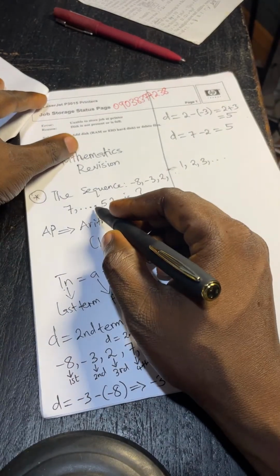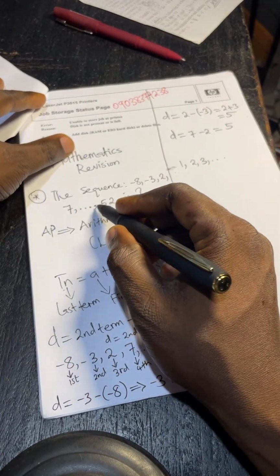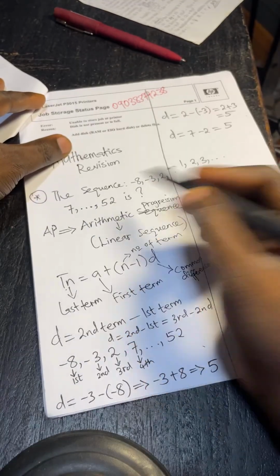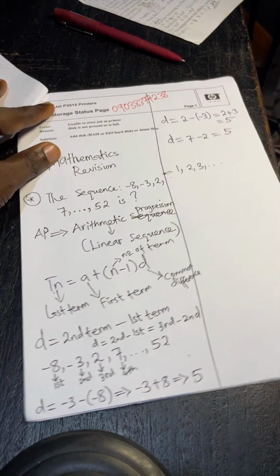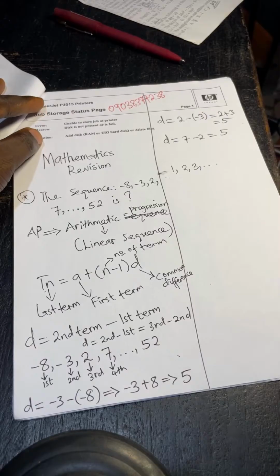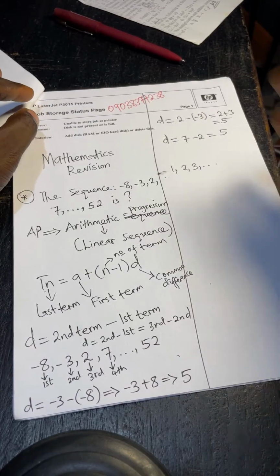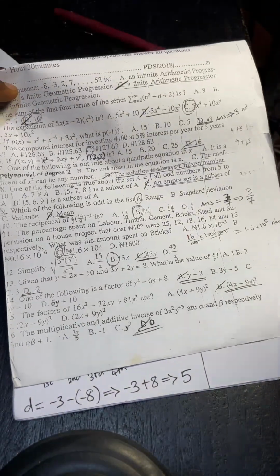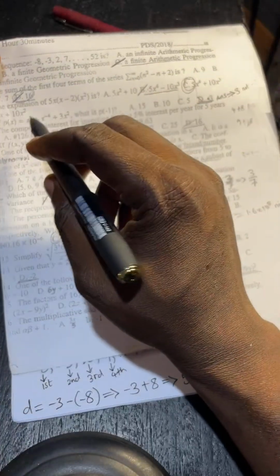But you see, even after this dot, dot, dot, they still put a number after that. That shows that it actually has a boundary, so it is finite. Infinite does not have a boundary. So take note of that. That is why you see it is a finite arithmetic progression, AP, because of the common difference.